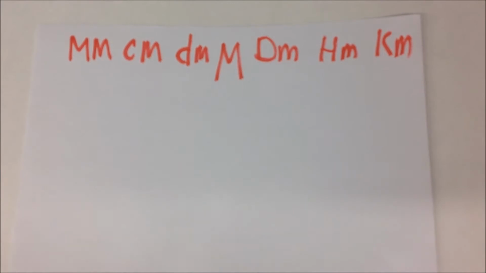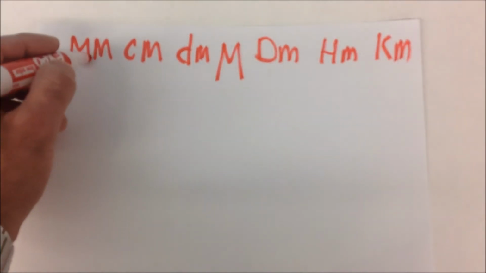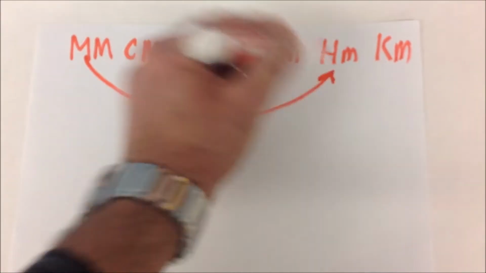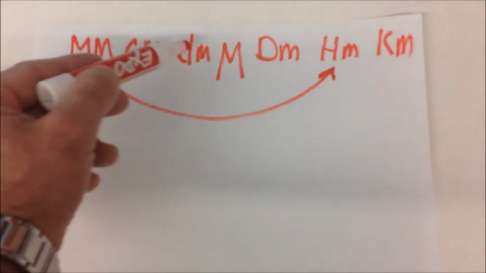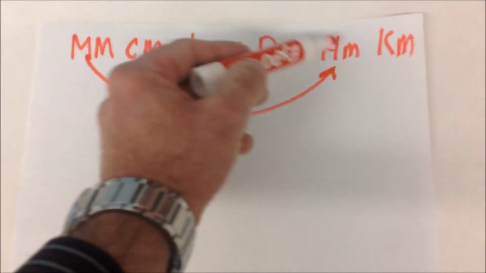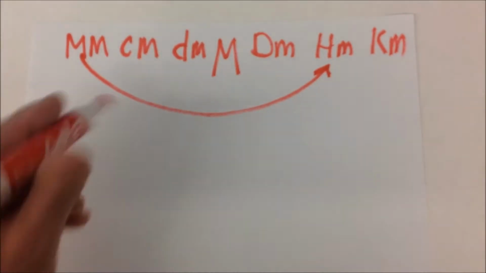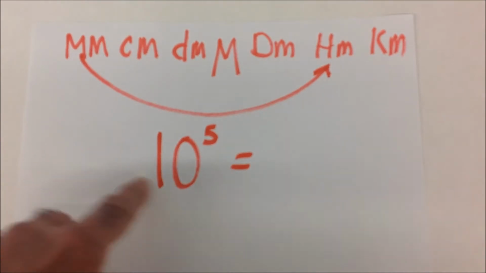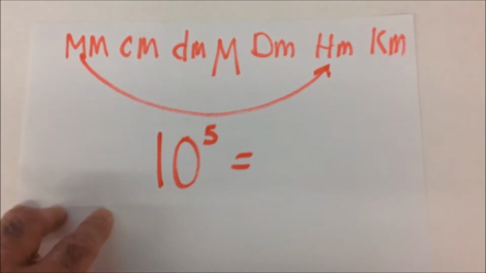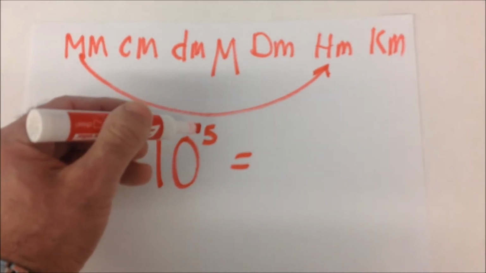Okay, so again, we want to know how many millimeters are in a hectometer. Let's count how far away it is. 1, 2, 3, 4, 5 away. So we said before, it's 10 to the 5th power. We always use powers of 10. And remember, the exponent tells us everything.